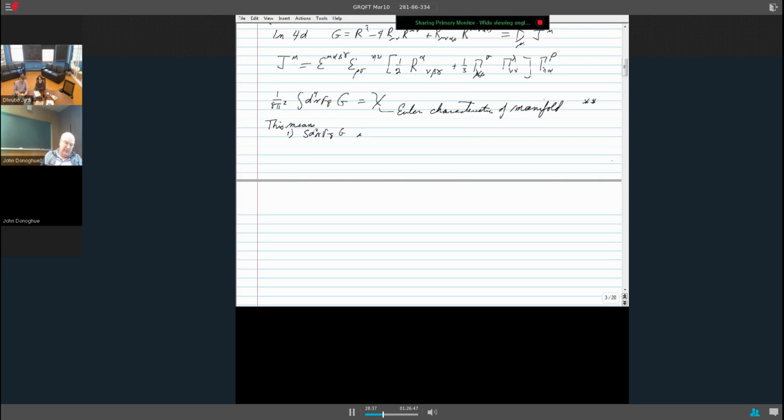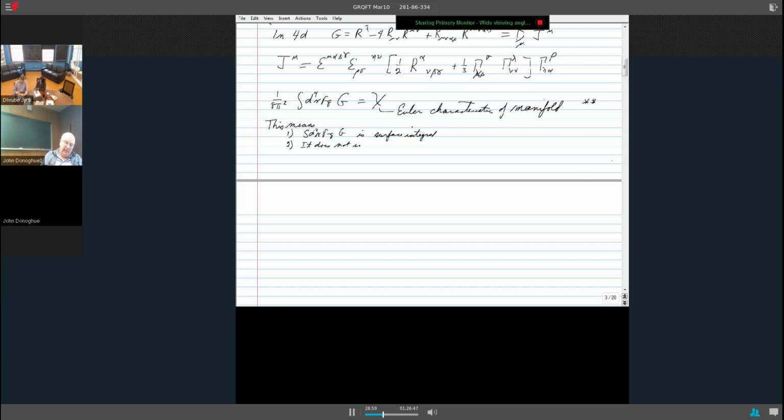Okay, so it's a geometric quantity. The Euler characteristic is related to the number of handles on a manifold. So, whether it's a sphere or a torus. Okay, so it's a beautiful mathematical quantity.